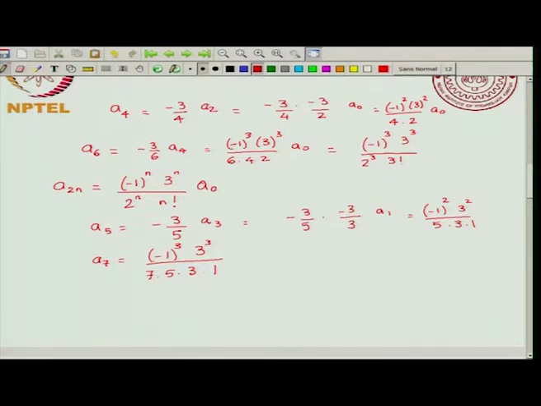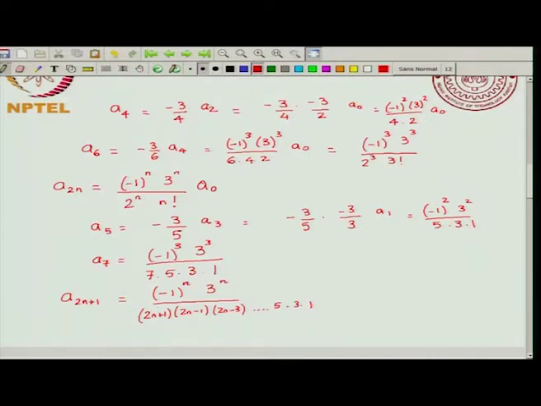So you can write the general expression: A of 2n plus 1 is equal to minus 1 raised to n, 3 raised to n divided by, now what I have is 1 3 5 7. So what you have is 2n plus 1, 2n minus 1, 2n minus 3, all the way up to 5 3 1. So it is this product. Okay. So this is the expression for A of 2n plus 1.